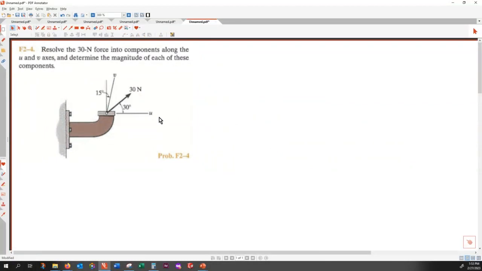All right, you've got a force at 30 degrees, and you want to resolve that into two components along the u and v axes.